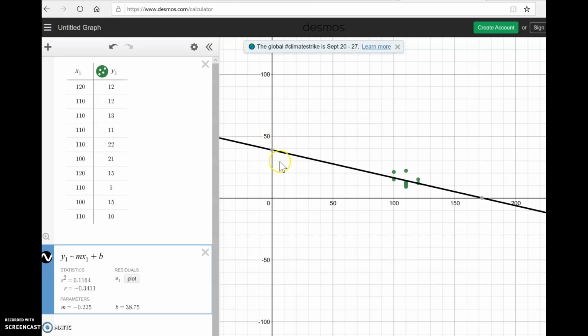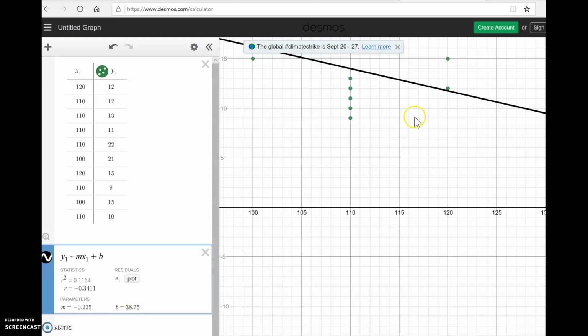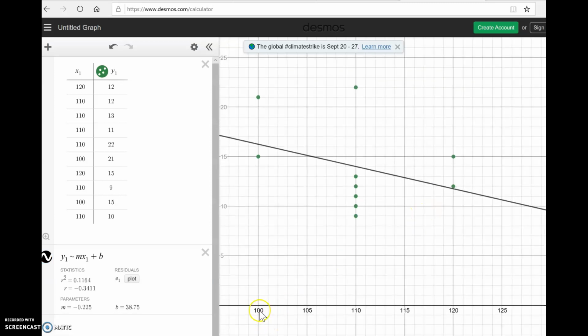So for these situations, the y-intercept does not make any sense. This process only gives us a good fit line, where the slope is negative 0.225 and the b is 38.75, which can help us predict anything between x equal to 100 and x equal to 120.